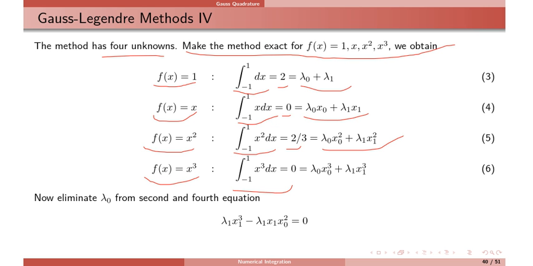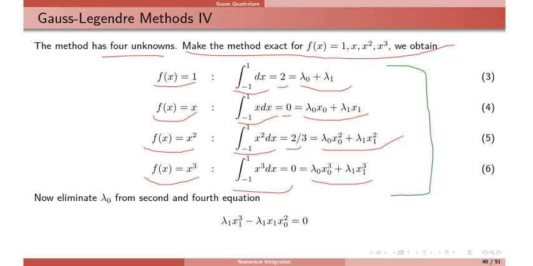The right hand side is lambda 0 f(x0) plus lambda 1 f(x1), and f(x) is x cube. So you have four equations in four unknowns, equations 3, 4, 5 and 6. So we will solve for lambda 0, lambda 1, x0 and x1.